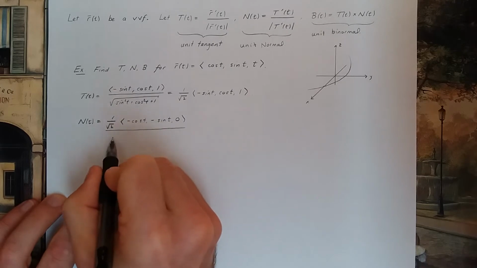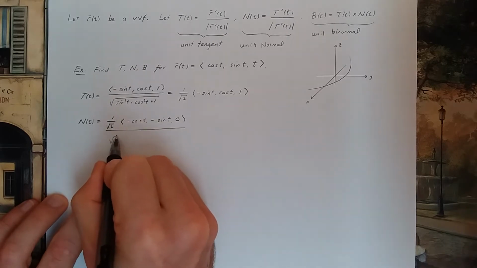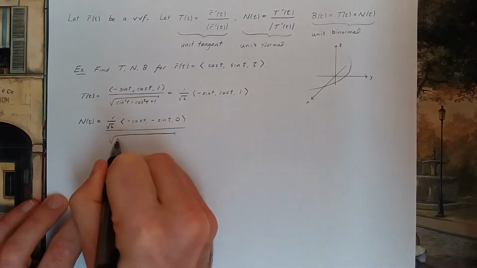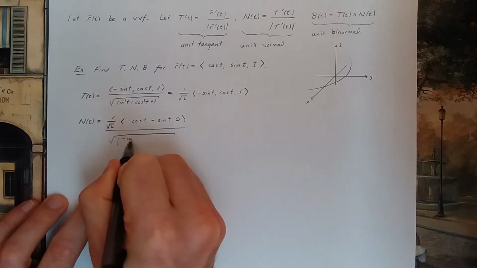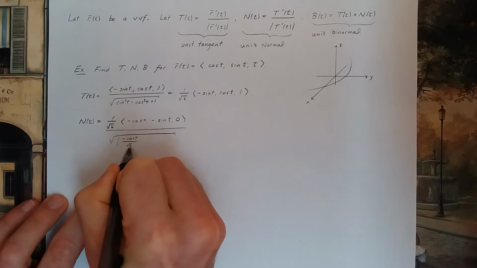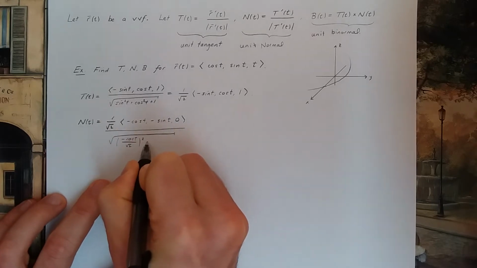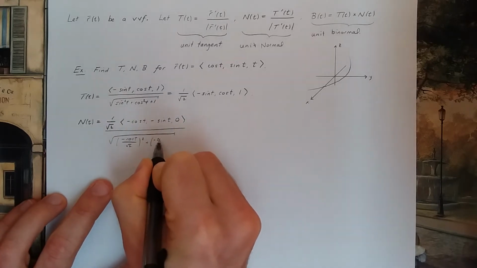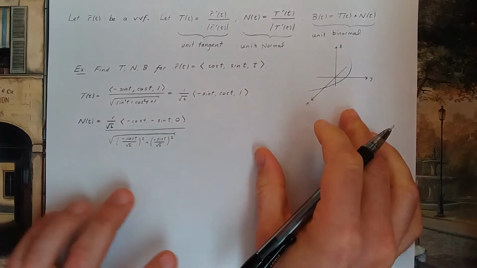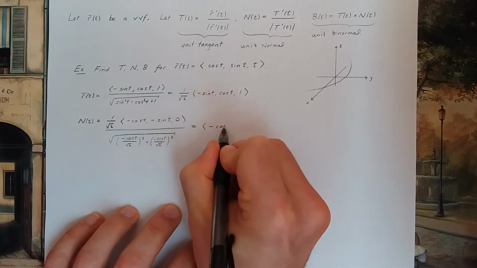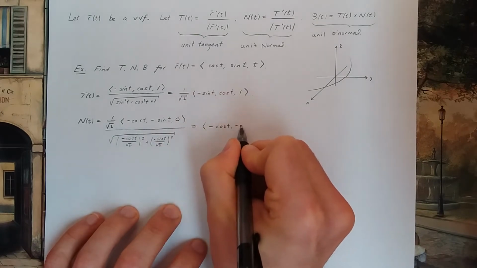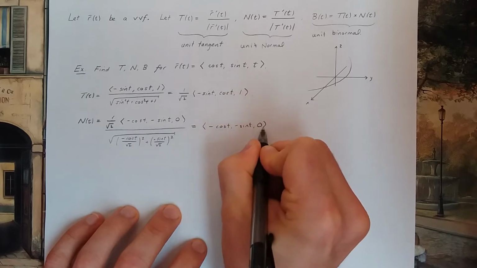So factoring in the square root of 2, I think the length of that vector is negative cosine t over the square root of 2 squared plus negative sine t over the square root of 2 squared. And I think if you simplify this, you simply get negative cosine t, negative sine t, 0.